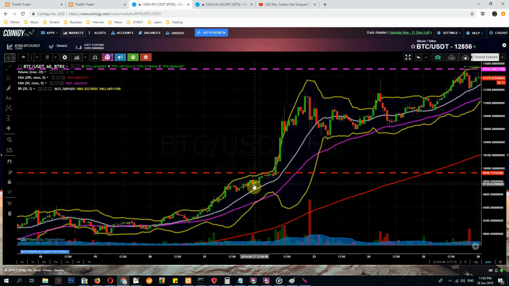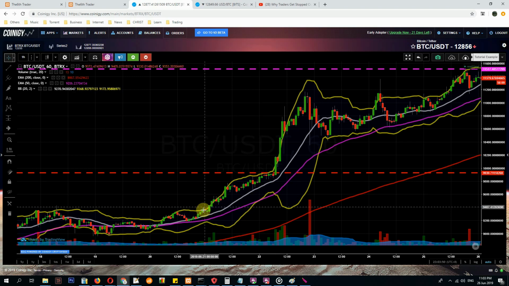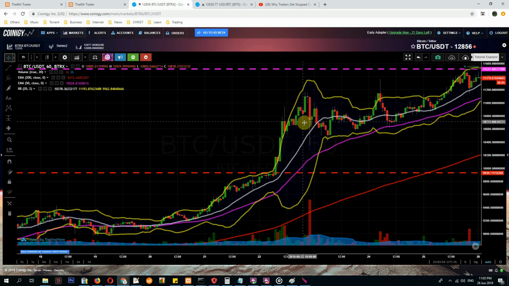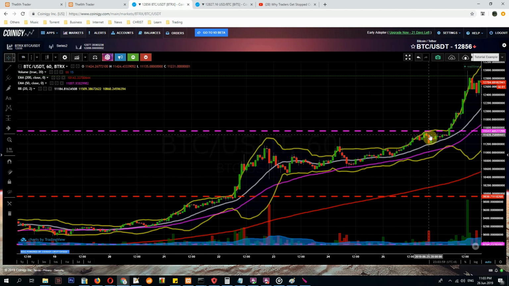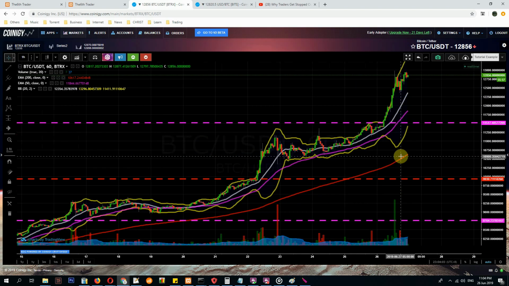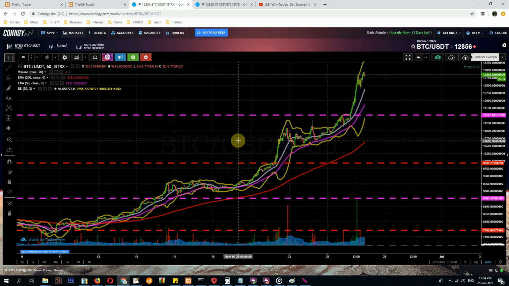So it depends on your style, whether your perspective is long term or short term. Here, it's the 20. Every time it hits 20, bang, it goes up. 20, it goes up. 20, it goes up. Right? So this is very useful in trading. I'll explain more in the next tutorials.